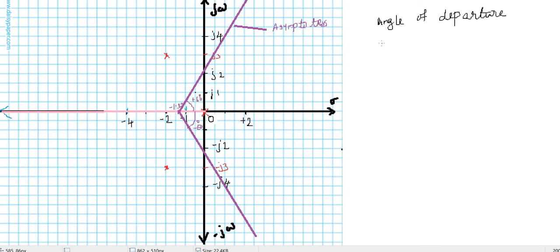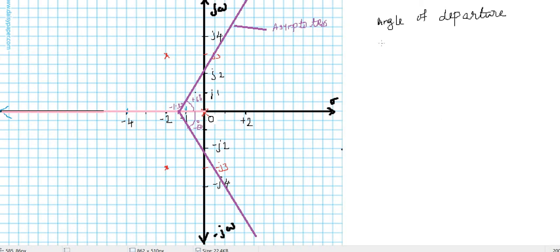Complex poles mean the angle will be the angle of departure, because the root locus branch starts from the poles and goes out from them. But when complex zeros are there, the root locus branch ends or terminates at the zeros, so the arrival angle is considered.